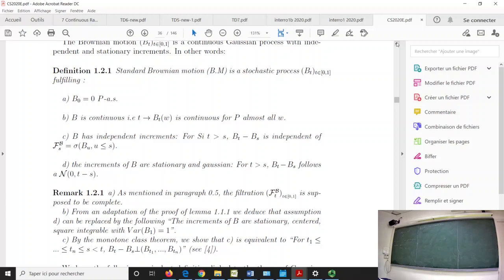Okay, so to be a Gaussian process means that for all T1, so I can make them ordered, okay? For all n belonging to N star, for all T1 < ... < Tn this way, I am interested in Bt1, Bt2, ..., Btn, and I want to prove that this vector is a Gaussian vector.